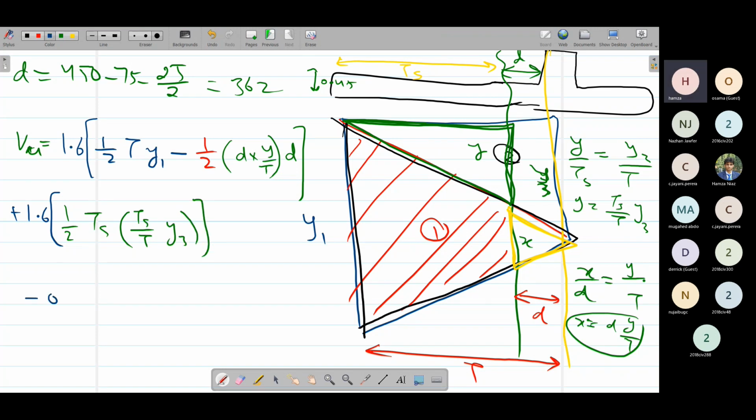And the last portion is concrete, minus 0.9 times gamma of c into area of concrete, 0.45 into ts. Now we are going to use ts here, not t. So this way we can get this shear. In shear, there is no need for moment arm, so just simply these values. Any issue in this?